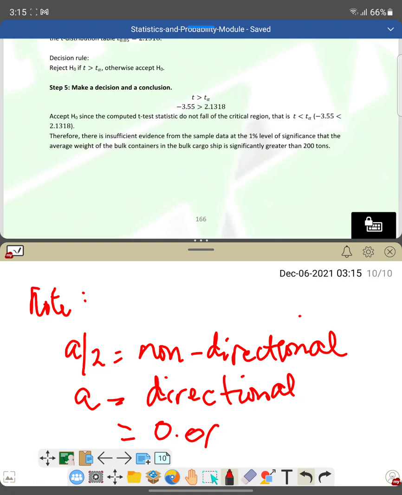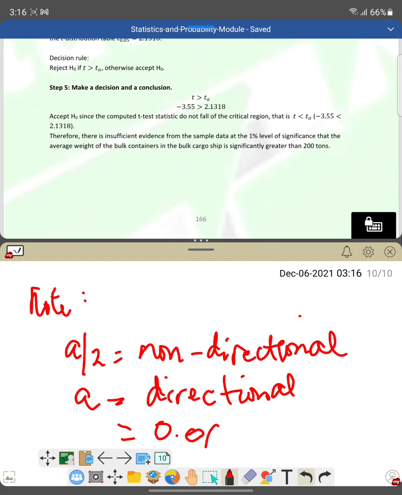So is t greater than t sub alpha? Negative 3.55 compared with 2.1318.